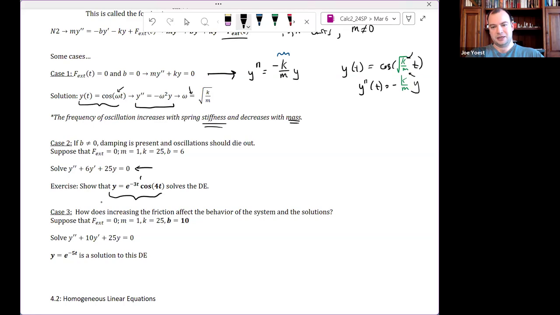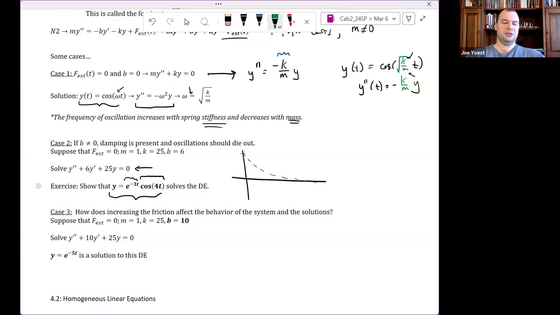I can think of this as two pieces. I have a cosine bit that's causing an oscillation, and I have an exponential bit that's, in a sense, acting as the amplitude of that oscillation. So this e to the minus 3t looks like this.